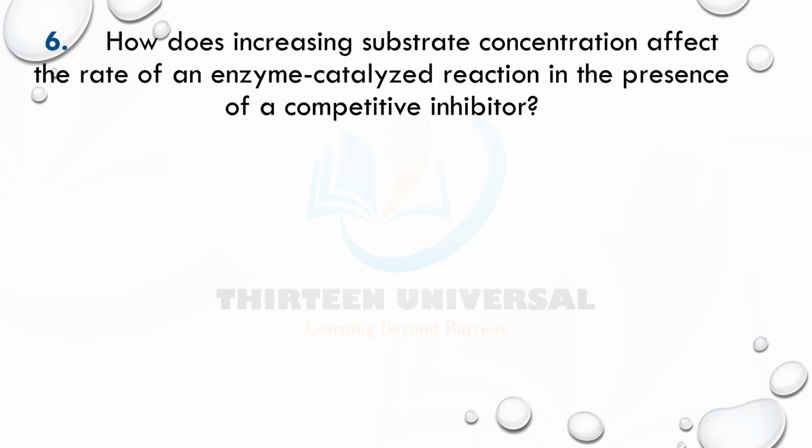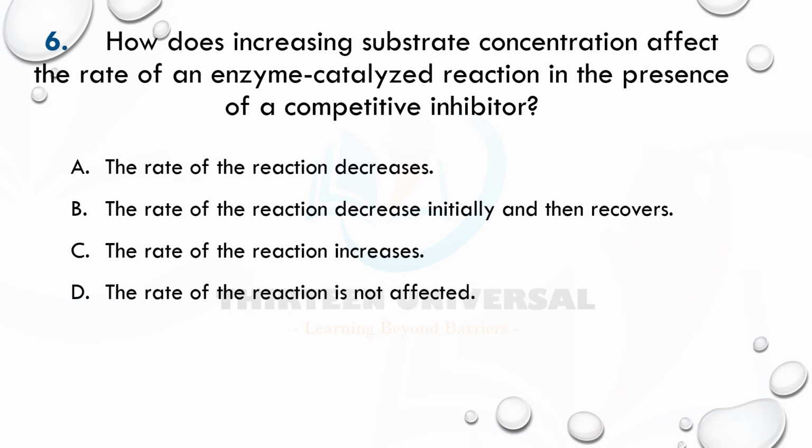How does increasing substrate concentration affect the rate of an enzyme catalyzed reaction in the presence of a competitive inhibitor? Now, guys, if you remember what we learned about the effect of substrate concentration on the reaction, if this is substrate concentration on the X axis and rate of reaction on the Y axis, the reaction without an inhibitor goes up like this, and it levels off.